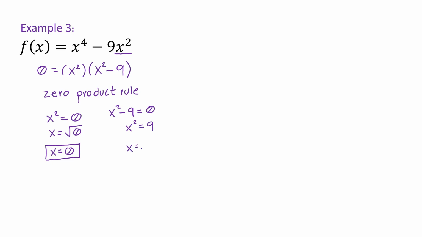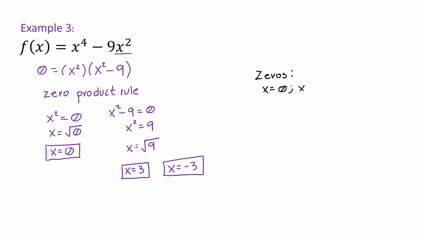X is the square root of 9. And the square root of 9 gives us two results, positive 3 and negative 3. That means that this function has three zeros: x equals 0, x equals 3, and x equals minus 3.